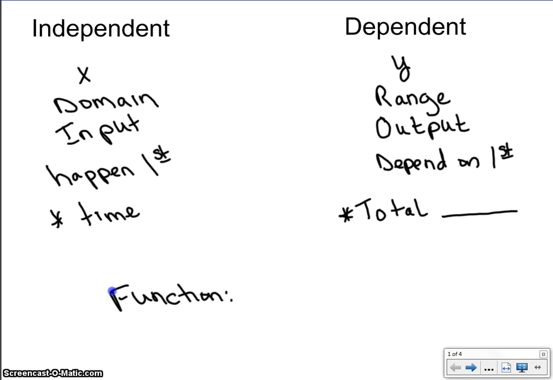A function simply is where you have one input and that one input has only one output. Let me make an arrow here because it doesn't necessarily equal, but one input maps or goes to exactly one output.